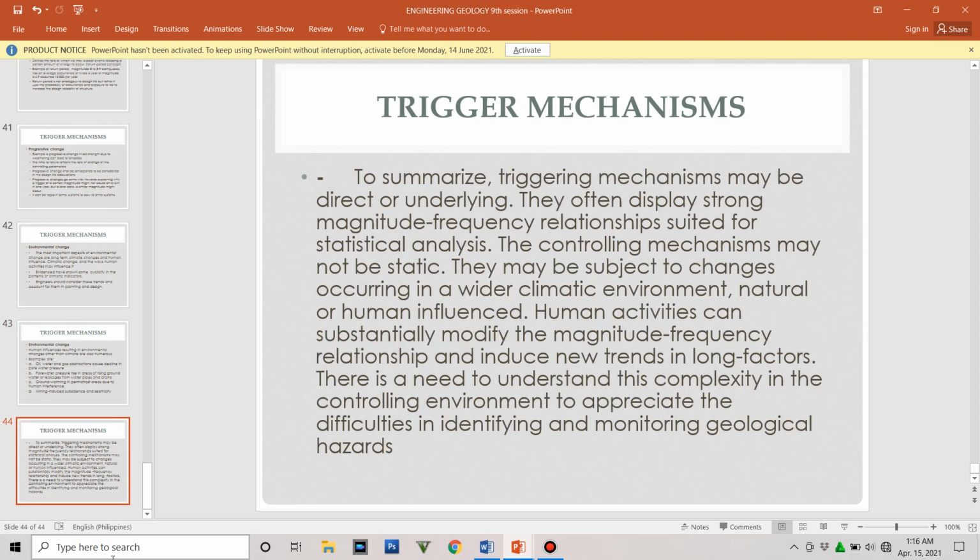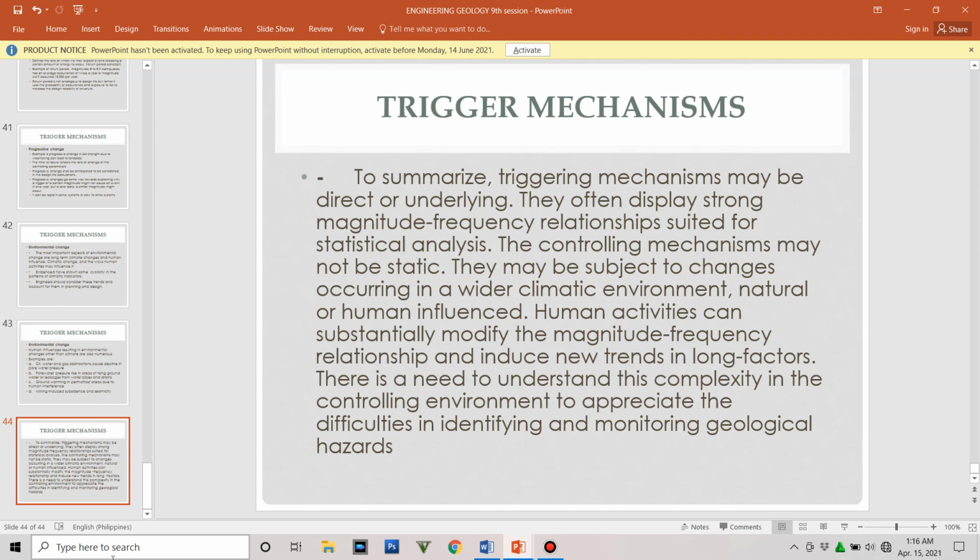Now, to summarize, triggering mechanisms may be direct or underlying, as discussed in the framework a while ago. So they often display strong magnitude-frequency relationships suited for statistical analysis. So the controlling mechanisms may not be static. They may be subject to changes occurring in a wider climatic environment, natural or human influence.